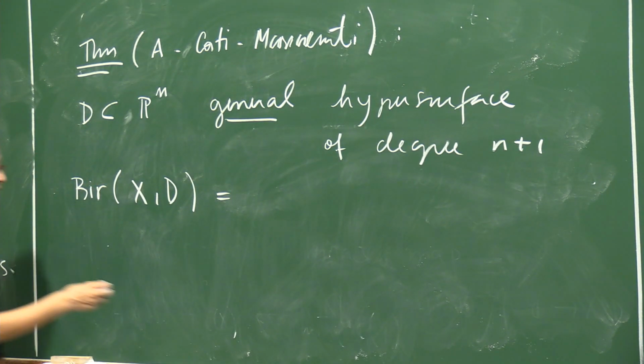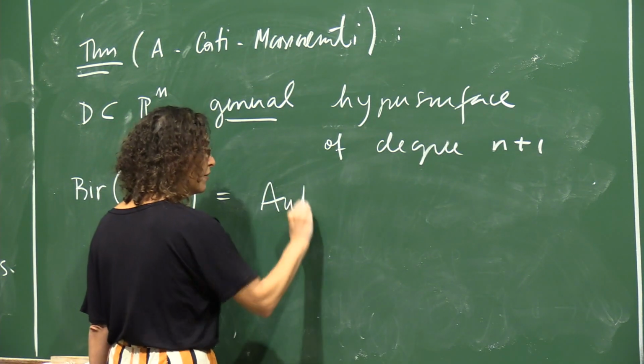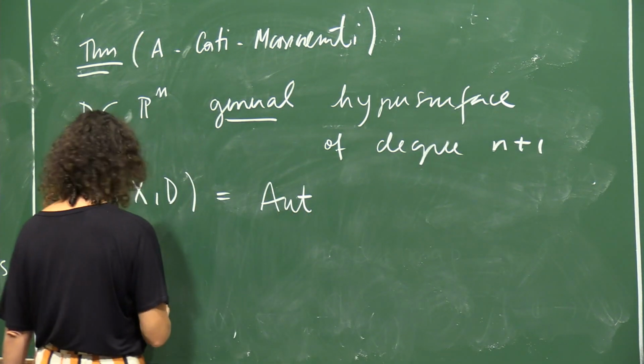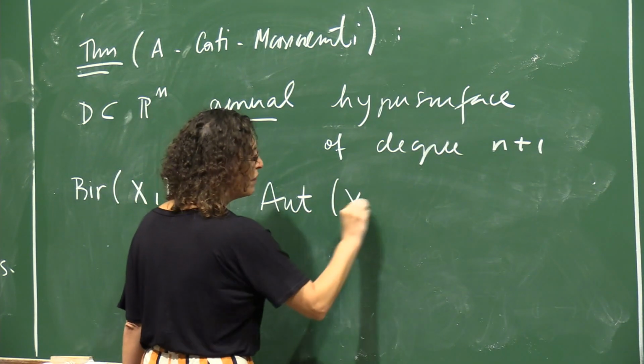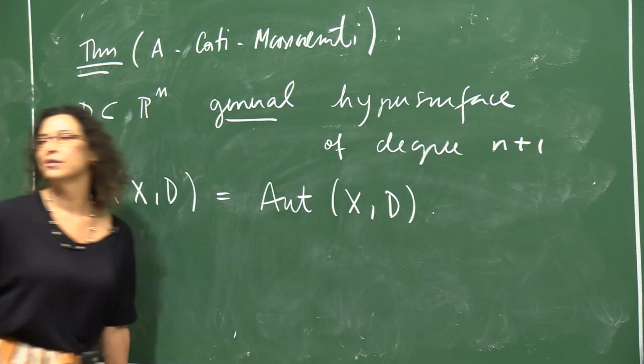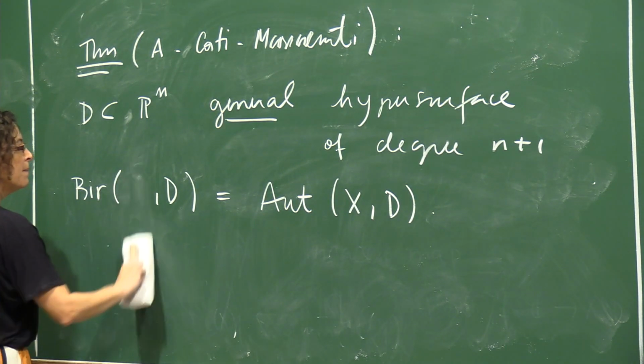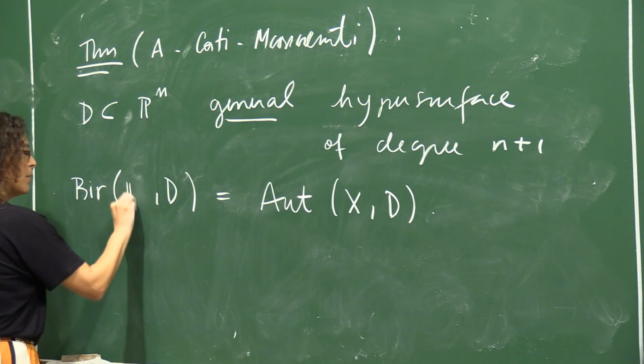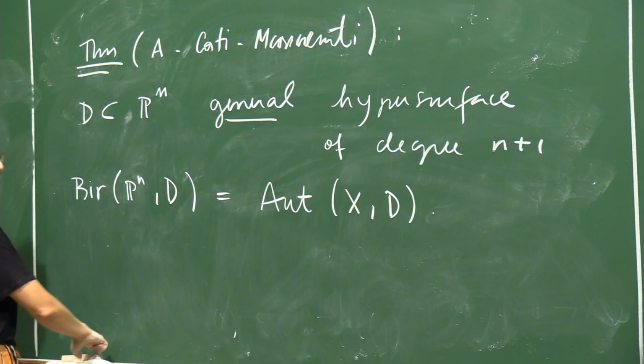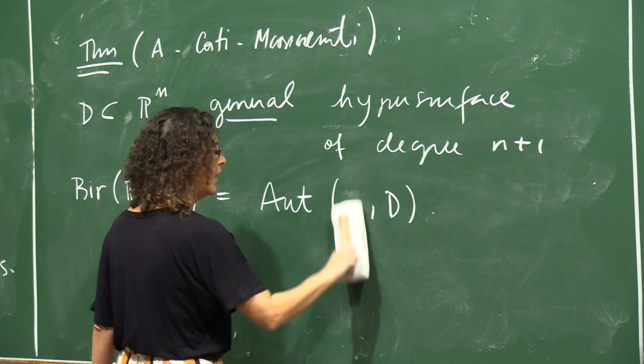It is just the group of automorphisms of X that preserve the hypersurface. So not much. What is X? Sorry, here I'm taking X to be Pn. Thank you. So I'm just looking at the pair Pn with a hypersurface of degree n+1.